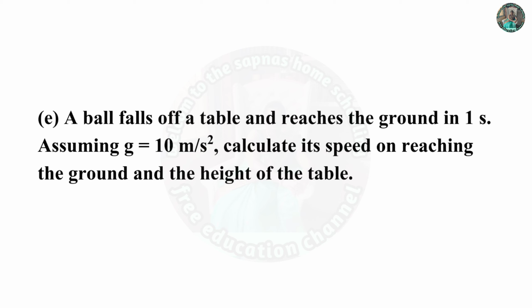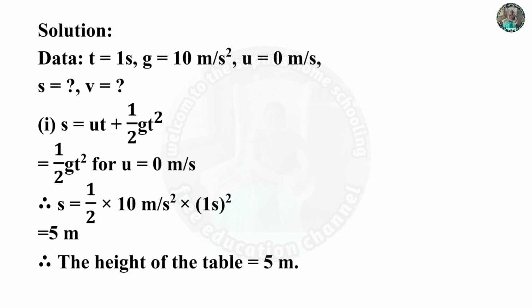E. A ball falls off a table and reaches the ground in 1 second. Assuming g is equal to 10 meter per second square, calculate its speed on reaching the ground and the height of the table. Solution. Data. t is equal to 1 second and g is equal to 10 m/s square and u is equal to 0 m/s. s is equal to what and v is equal to what? So solution.